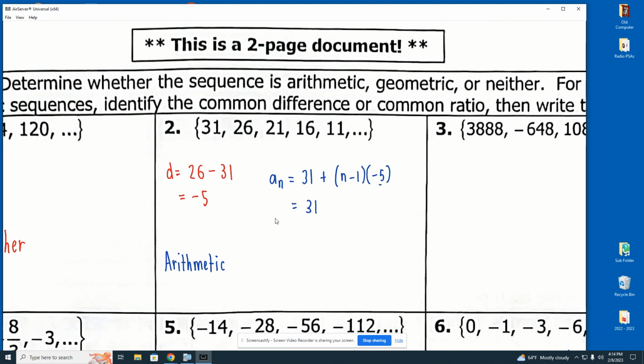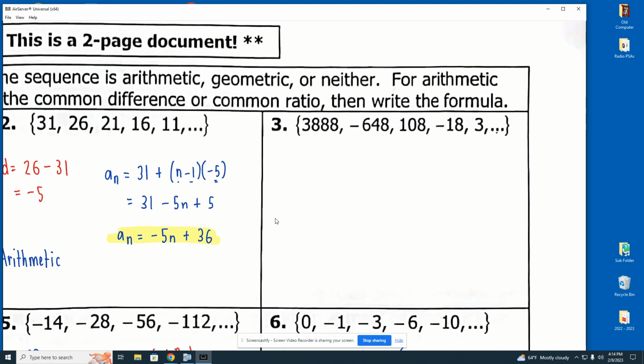So that's negative 5 times n, negative 5n, and negative 5 times negative 1, positive 5. So my equation for this particular arithmetic sequence is negative 5n, and then 31 plus 5 equals positive 36. So negative 5n plus 36. Pretty easy. Once you get that it is arithmetic, you can just roll right into it.